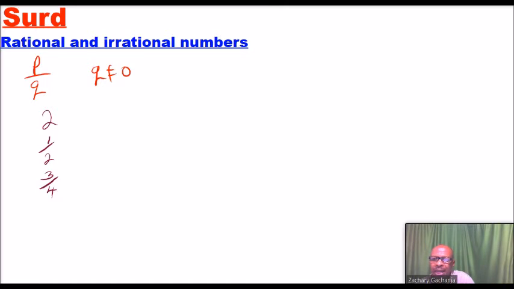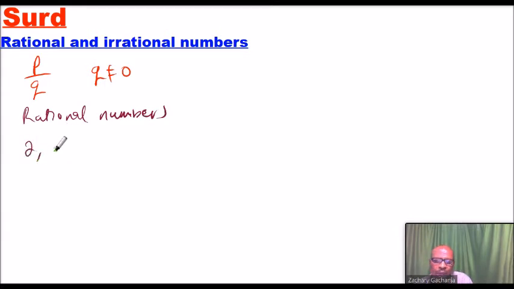So let's write here, rational numbers, examples. We have 2, we can have 1 over 2, we can have 3 over 4, we can have 1 over 4, we can have the square root of 4, we can have the cube root of 8, which is 2.